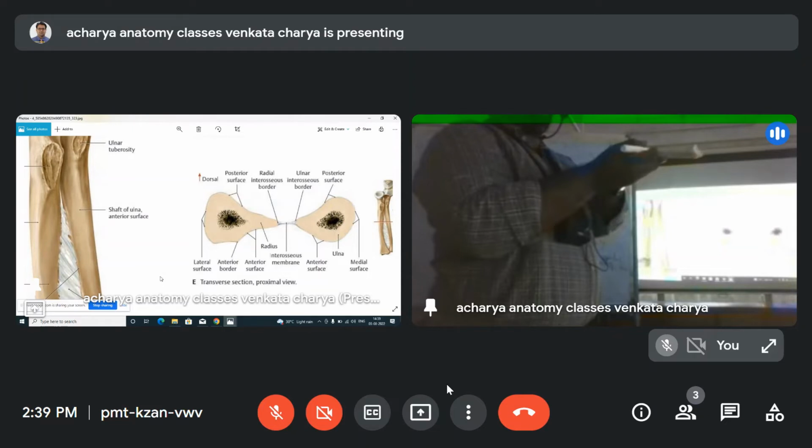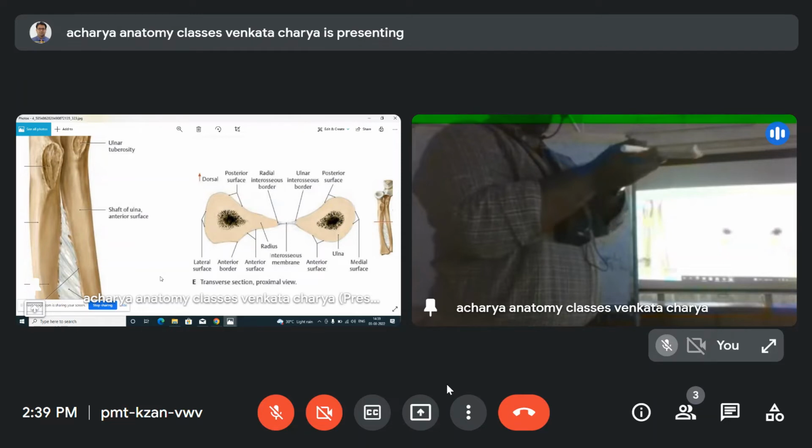Finally, it is inserted into, see here, this one is the base of the distal phalanx of the thumb finger. So it is inserted into the distal phalanx.